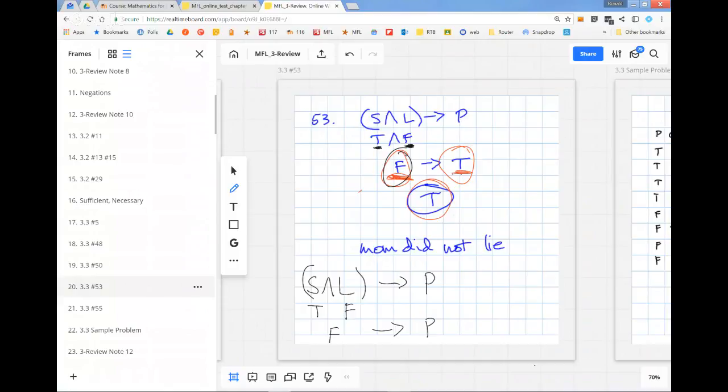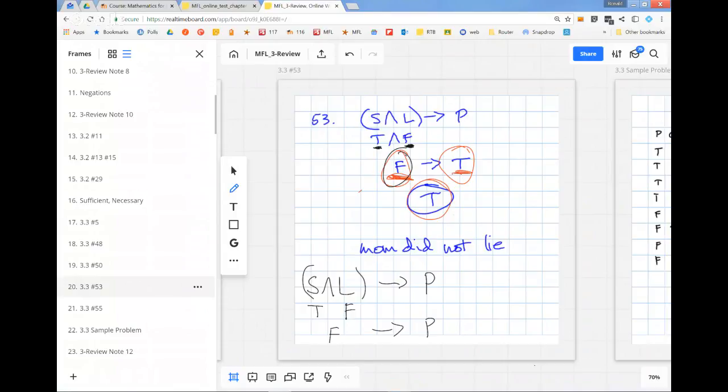If false, then true. Yeah, look in your if-then table. If false, then true should be true, right?